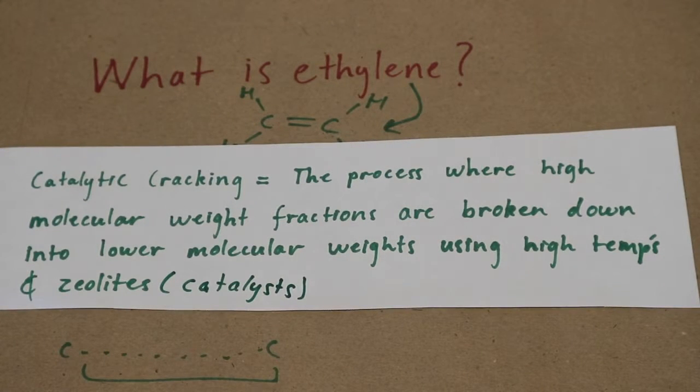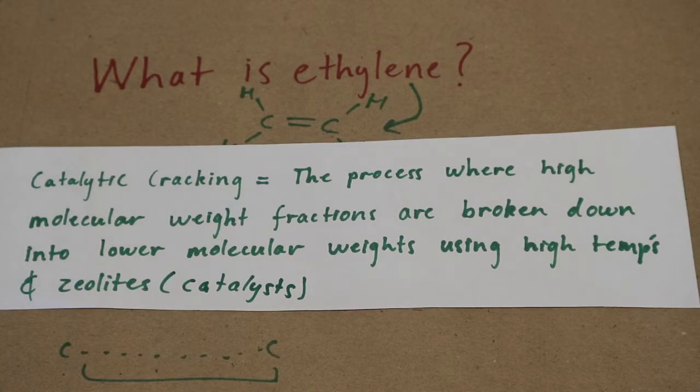And if you want to be super specific, those zeolites are inorganic catalysts and are made out of things called aluminosilicates. But I don't ever think that we'll be requiring that much detail to answer a particular dot point. But you have a little bit of information about that anyway.